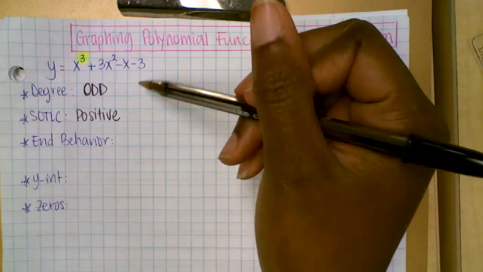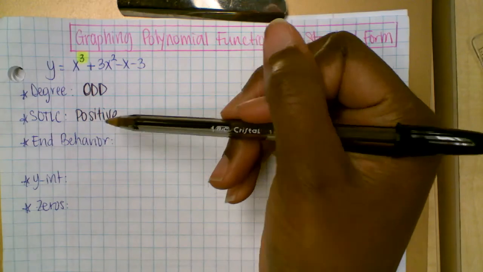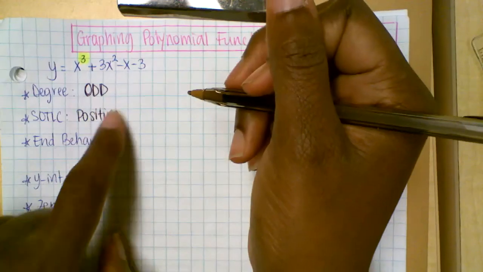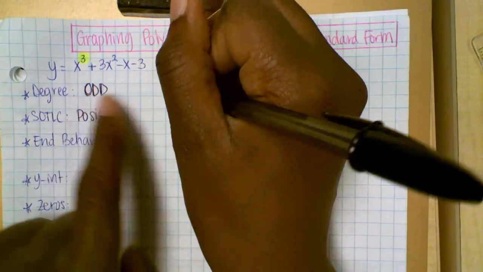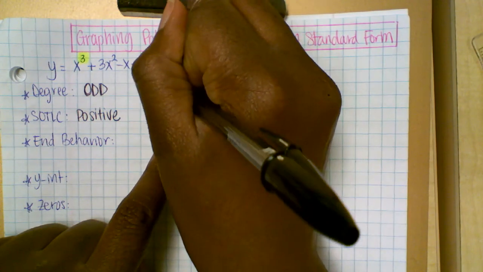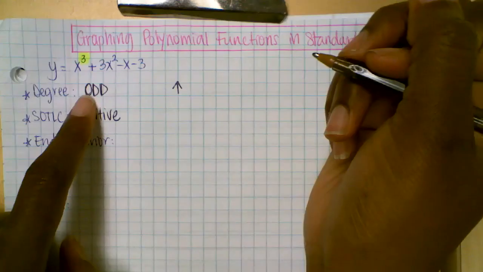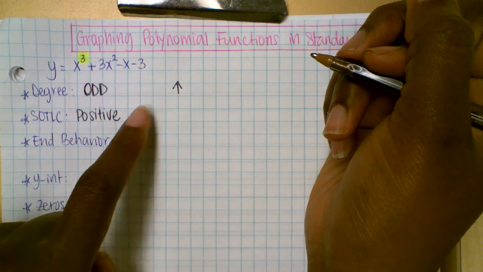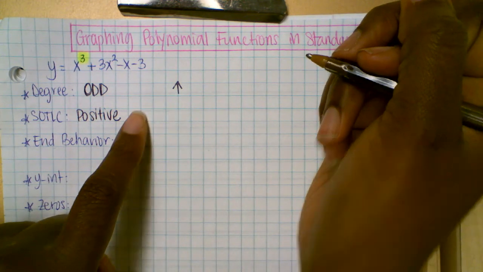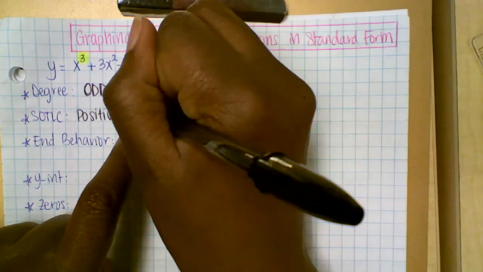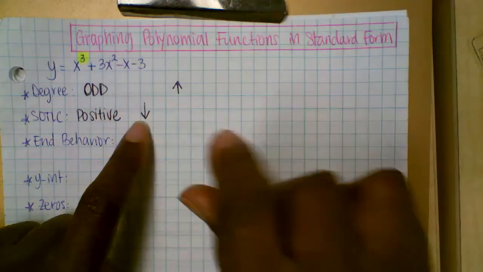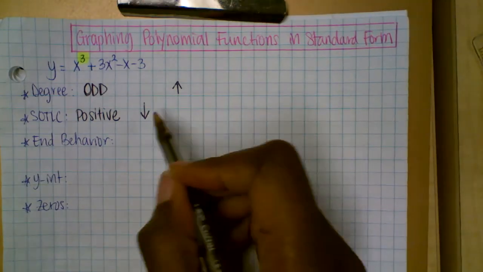So I'm going to sketch a visual of the end behavior. For an odd degree with a positive leading coefficient, the arrow on the right points up. Since it's an odd degree, the other arrow needs to point in the opposite direction, which is down here. So I have a visual of the end behavior.